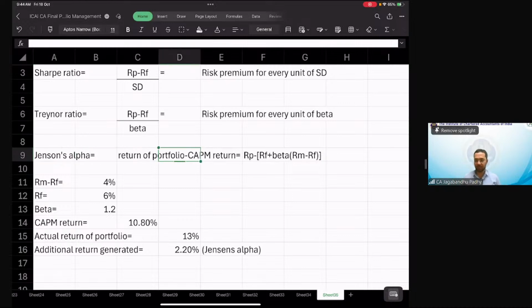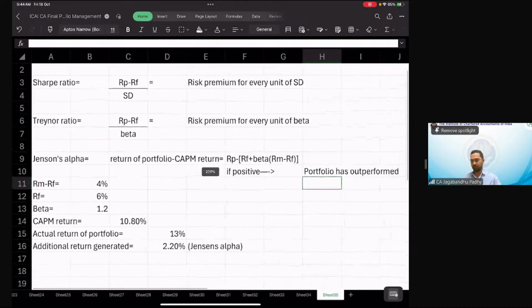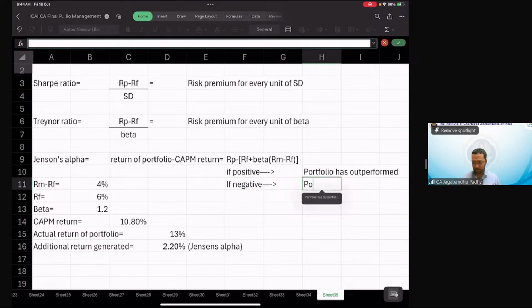If Jensen's alpha is positive, it means the portfolio has outperformed. If it is negative, what can we say? The portfolio has underperformed.